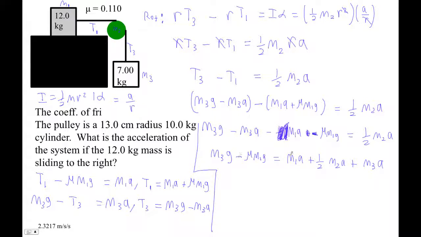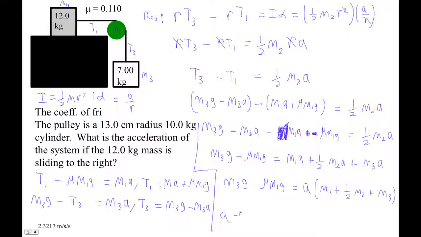Now I'm going to factor a out of this side: a times (m1 plus 1/2 m2 plus m3). So close. Are we ready for this? Drum roll, please.